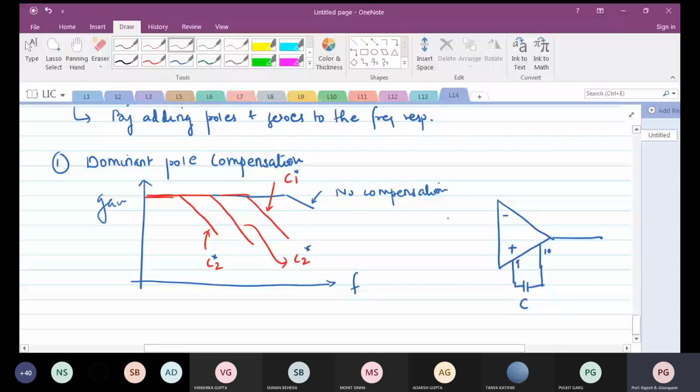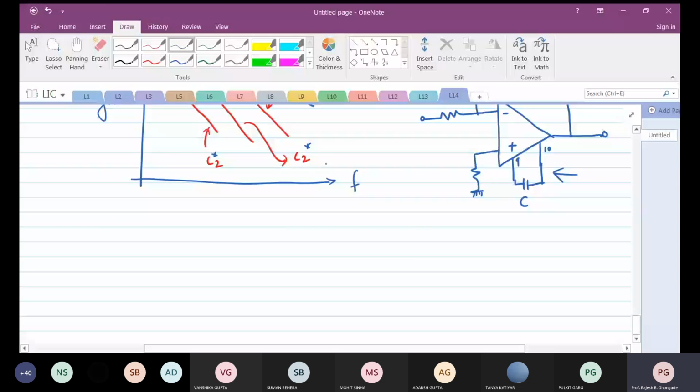Obviously, it will be having some function. So I'm just drawing a circuit of an inverting amplifier like this. We are going to see more details about these things. But normally manufacturers give 2 pins for frequency compensation.